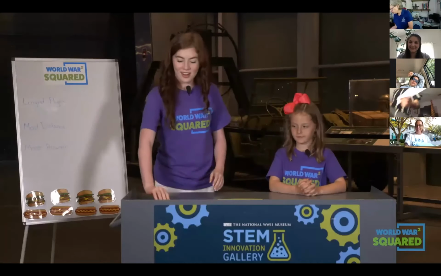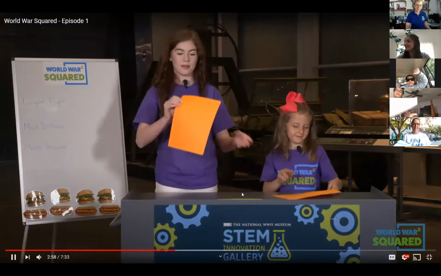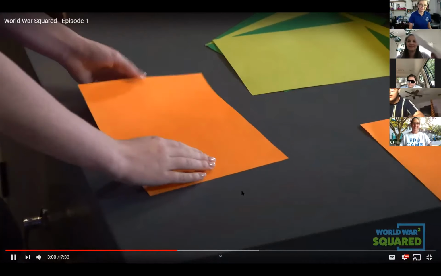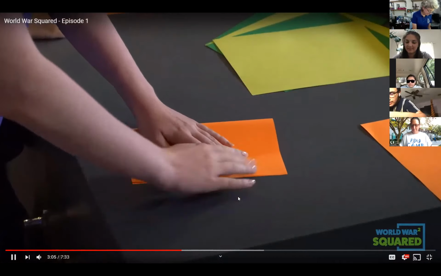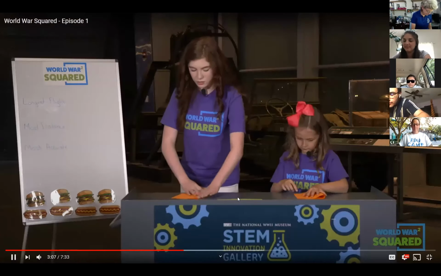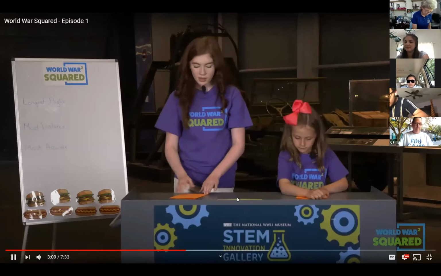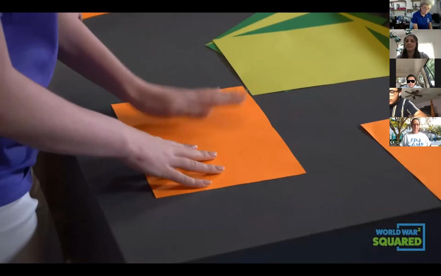Now we're going to make our hamburger plane. Here's your piece of paper. So now we're going to fold it the other way and meet the 2 edges right there and make our fold. Good job. All right, let's unfold it.